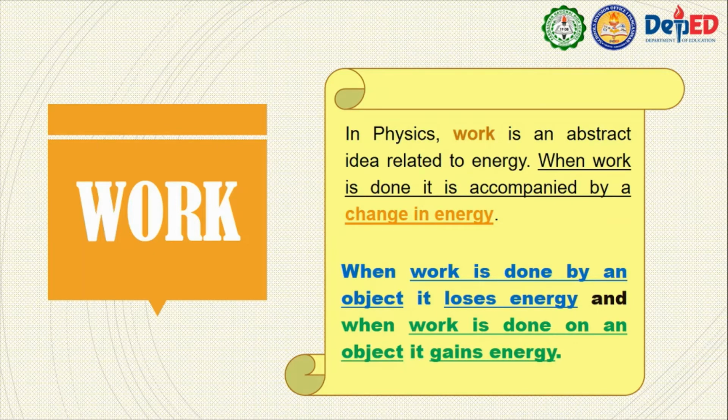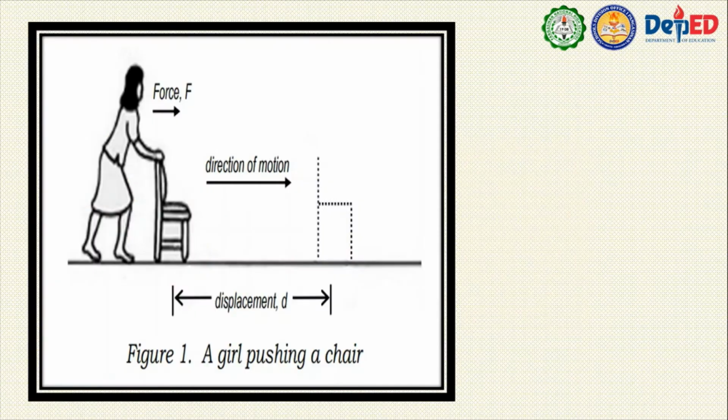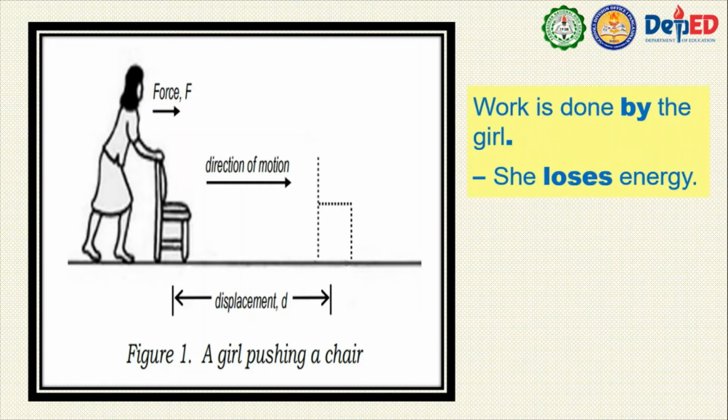To explain this, let's have a situation. A girl pushing a chair. She applied force to move the chair. Therefore, work is done by the girl. As the girl pushes the chair, she loses energy. Now, look at the direction of the chair.